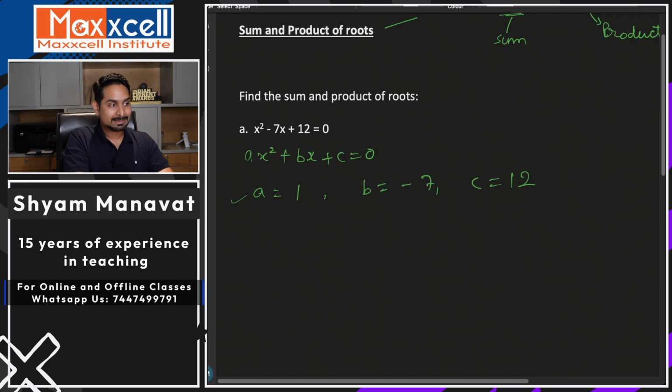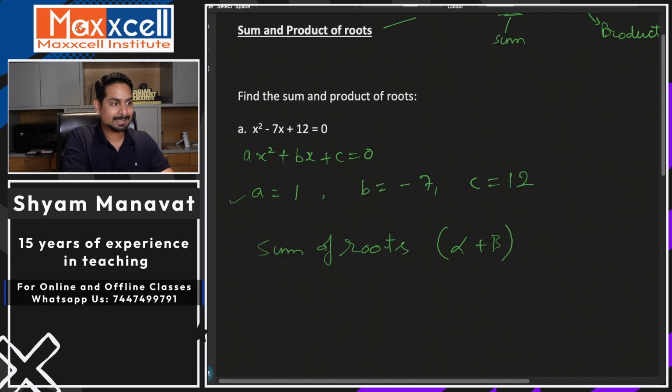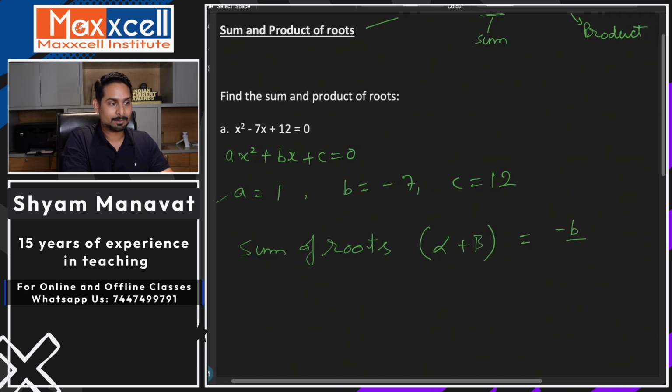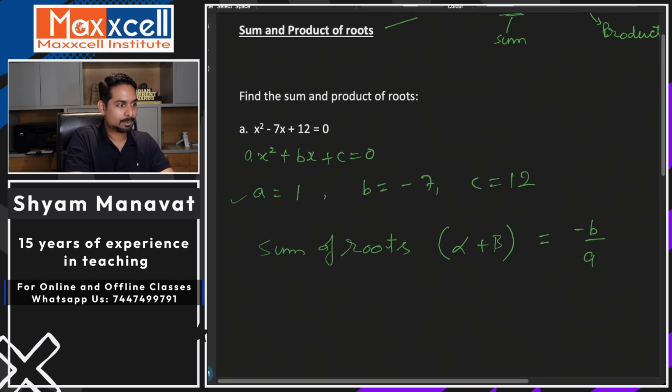Now the sum of roots, which can be represented as alpha plus beta, where alpha and beta are roots, is minus b upon a, and the product of roots, note this, that is alpha into beta, is c upon a.